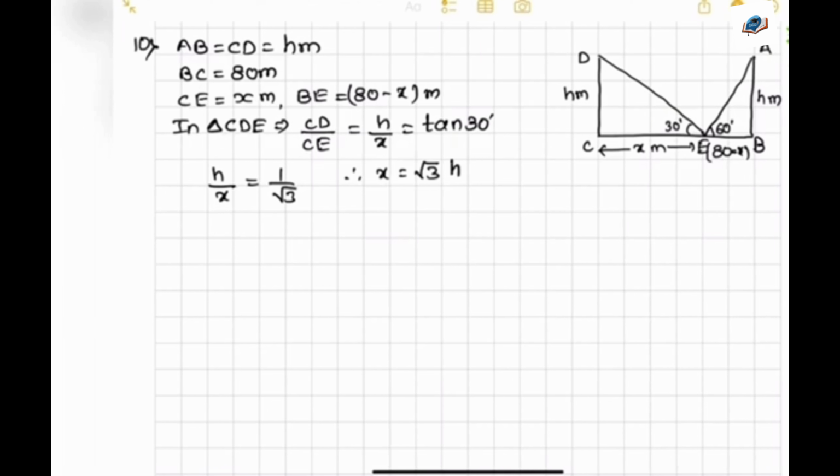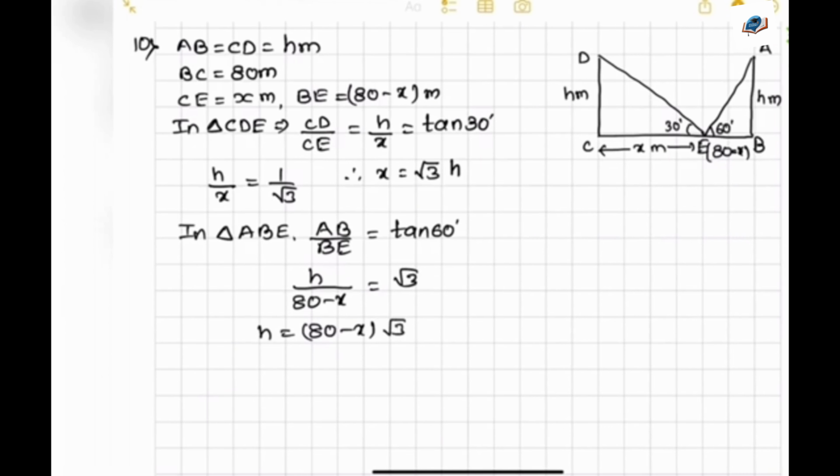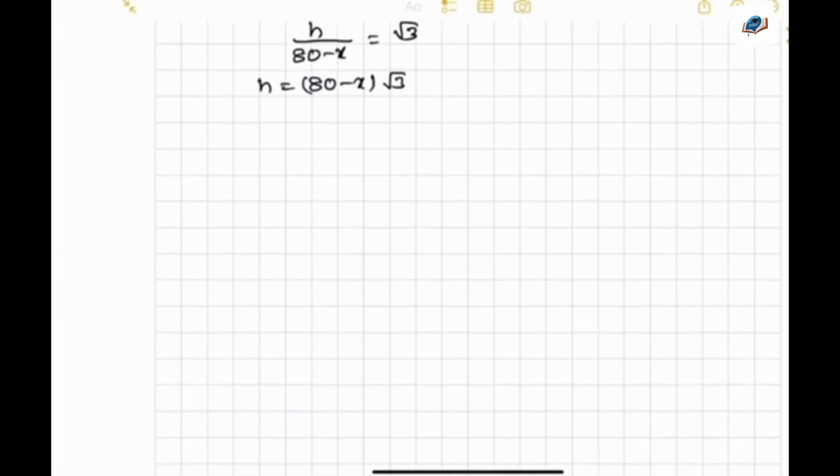So therefore X equal to root 3 H. Now in triangle ABE, AB upon BE equal to tan 60. So I can say H upon 80 minus X equal to root 3. So H equal to 80 minus X into root 3.